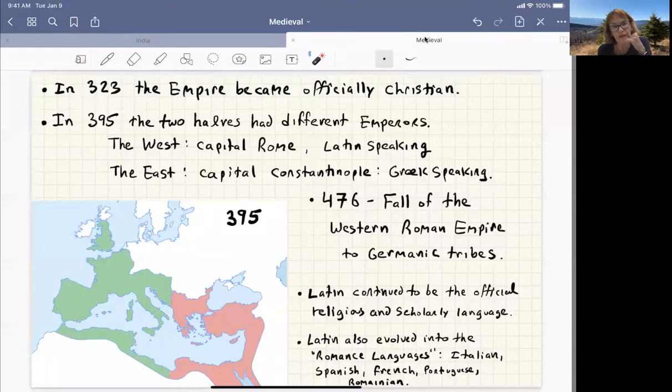In the year 323, the empire became officially a Christian empire. And then a little later, in 395, the two halves had different emperors. In the west, the capital was Rome, again Latin speaking. And in the east, the capital was Constantinople, Greek speaking. Then in the year 476, that was the fall of the Western Roman Empire to the Germanic tribes.